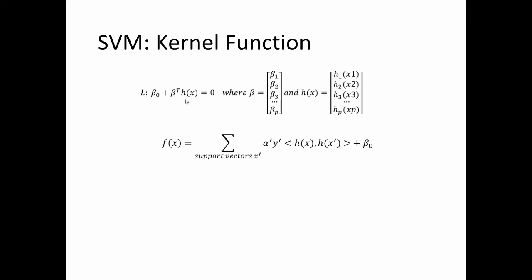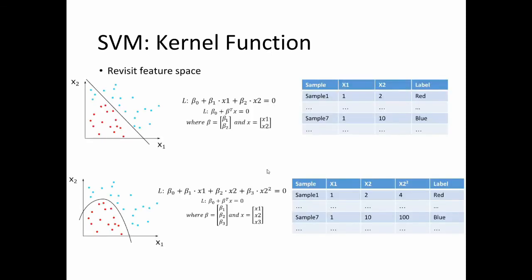So basically, this is the idea. We no longer have this expression with x in it. Instead, the x has been modified by a function h, right? So, for example, in the example just now, h1 is just a function that gives the same output as the input. h2 is the same, and h3 would be a function that gives a squared input, right?